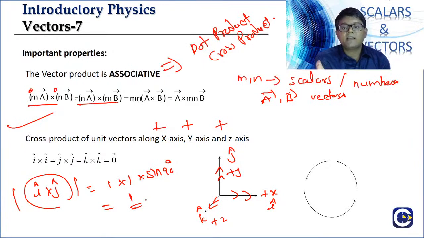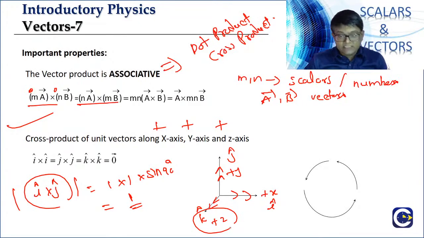Now just think about it. If we keep our fingers on the positive x, curl them to reach positive y, the thumb will be indicating in the positive z axis direction.